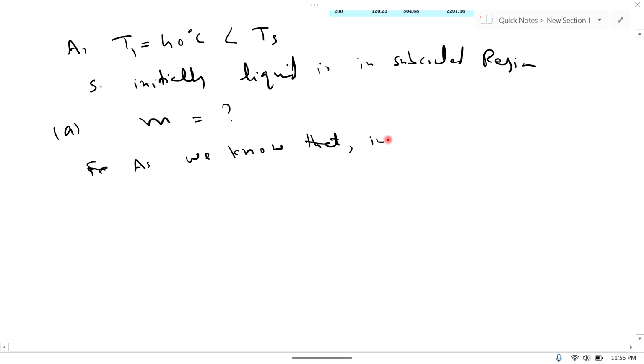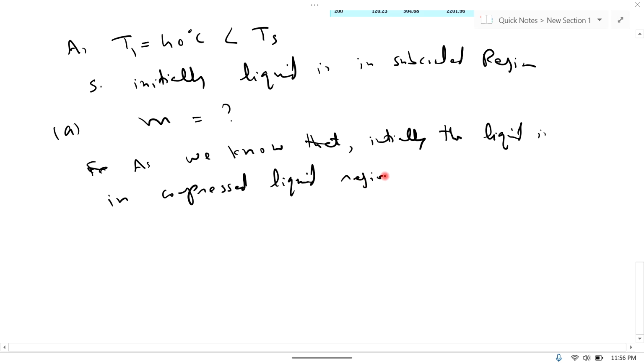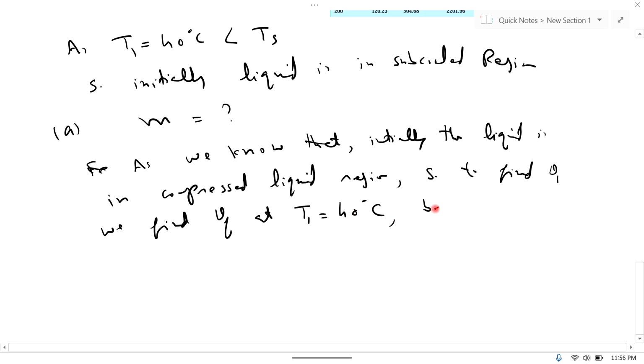As we know, initially the water is in the compressed liquid region. So to find the specific volume V1, we find Vf at T1 equal to 40 degrees centigrade, because V1 is almost equal to Vf.